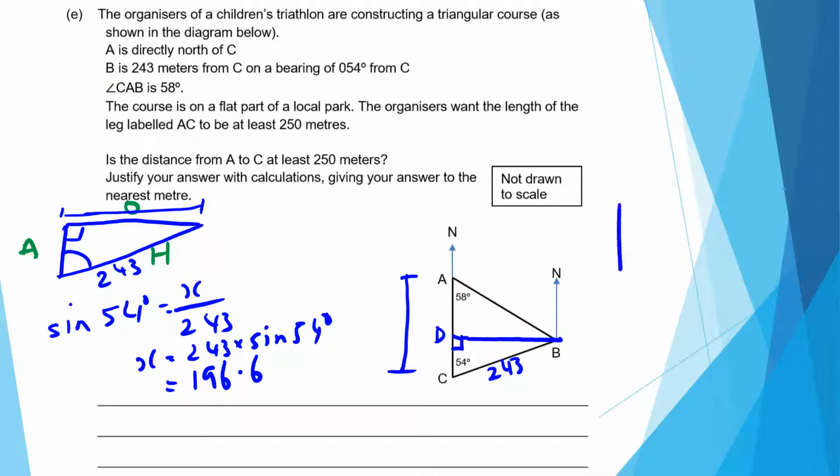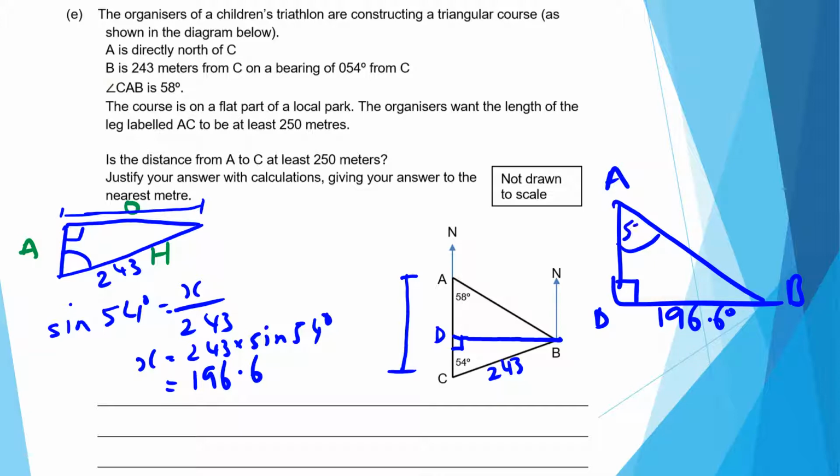Right, then what we can do is work in triangle ABD. We've just calculated this length here, 196.6. And we know it's a right angle, and we know this is 58 degrees. And again, if we label the sides, we've got an opposite, a hypotenuse, and an adjacent.